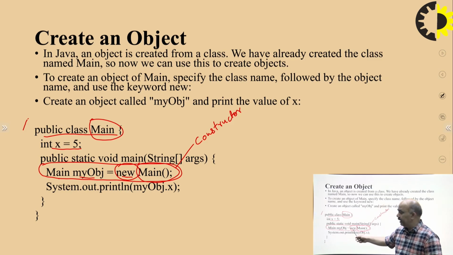New is basically the keyword used to create an instance for that particular object, followed by Main, which should be similar to your class name. Then we print System.out.println(myObj.x), and the value x equal to 5 will be printed. This is how we create an object for the class.